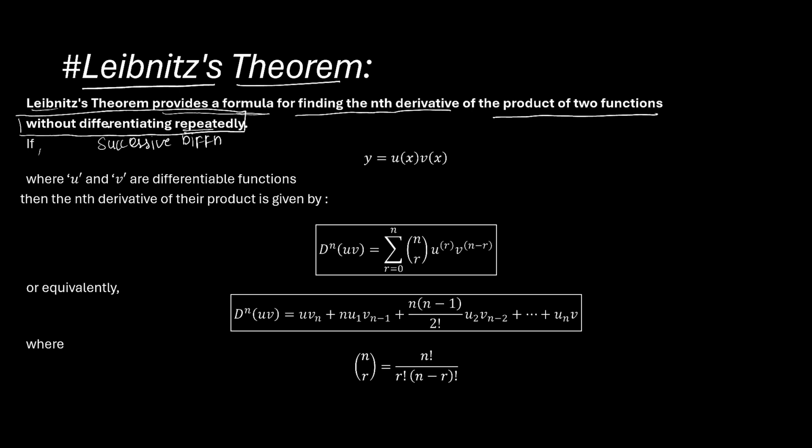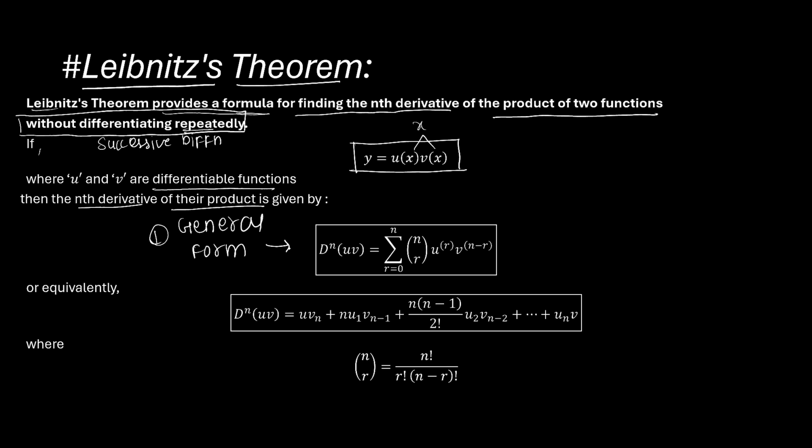Now let's discuss the theorem. If you have y equals u into v, and u and v both are differentiable functions, u(x), v(x), meaning u and v both are functions of x, then when we have to find the nth derivative of their product, u into v, the general form is given by summation r equals 0 to n, n choose r, u power r, v power n minus r.